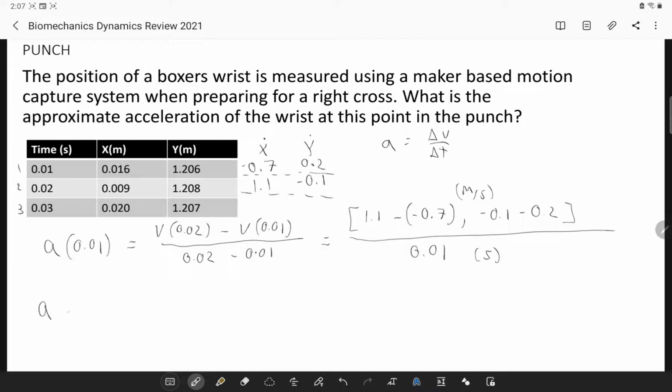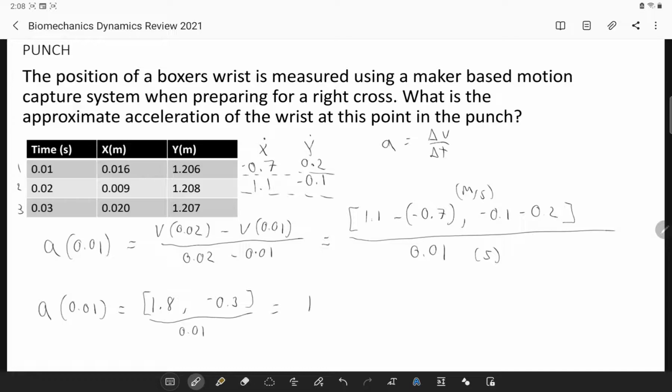So again, our acceleration at 0.1 or 0.01 seconds is going to be equal to, see here, 1.8 comma negative 0.3, all that over 0.01. So again, we move the decimal place over 2 more.